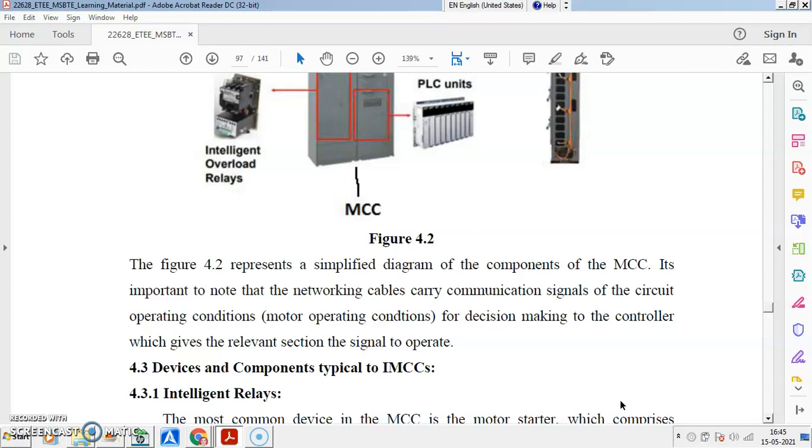Okay, so major operating conditions we have based on these signals available with the networking cables. These signals may be used for decision making regarding the control of the motor applications. Okay, so devices and components, typically, that is the intelligent relay.